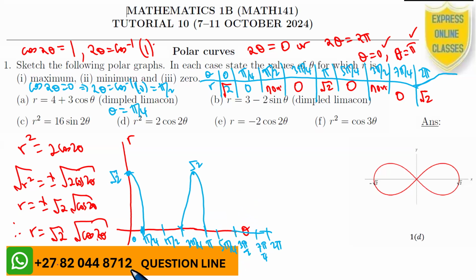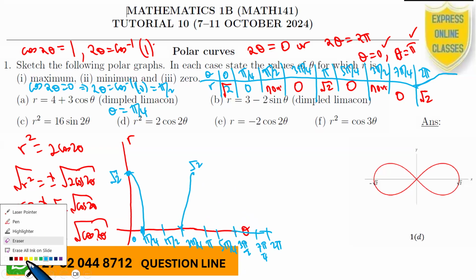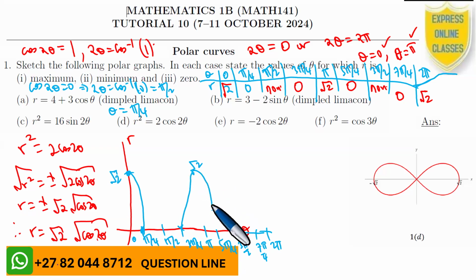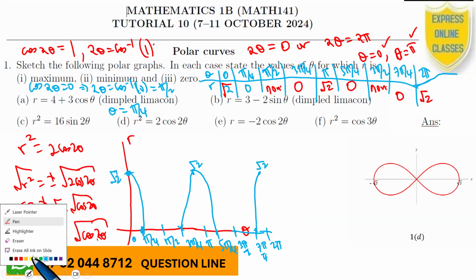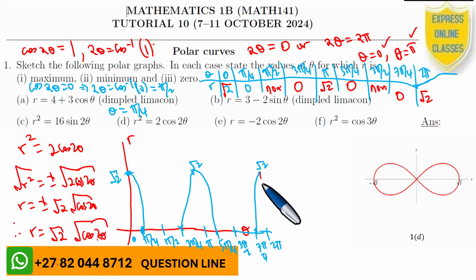That's what you're going to have. 3 pi over 2 is non-real. 0 here. You have the square root of 2, like this. Then there is a little tail here, like this.